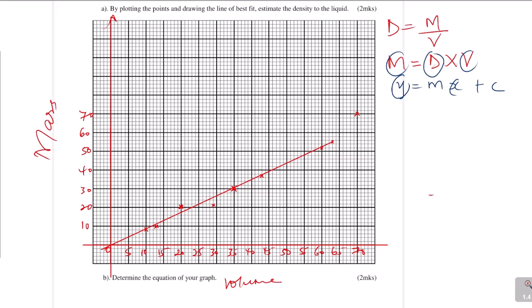Now, having drawn that, you need to estimate the density. So how do you get the density? Density, as you said, is given by mass divided by volume. So you need to get a point that lies on that line, like this one. We have this point here, 10, 8.